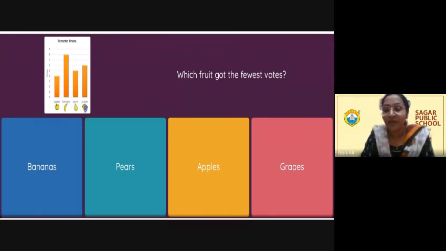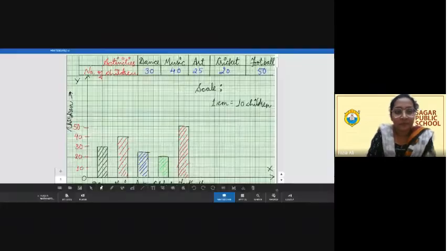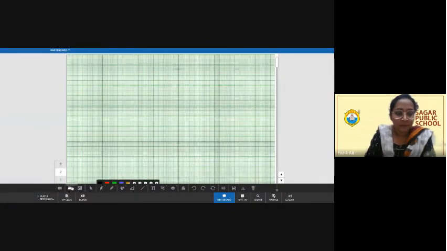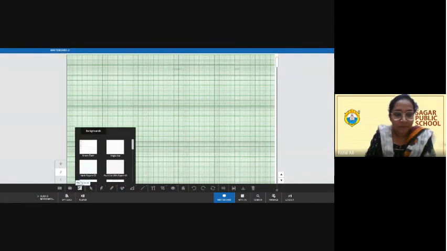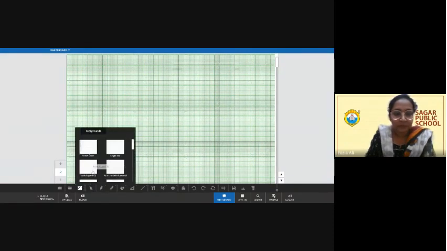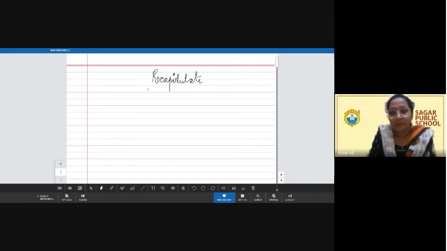Let's recapitulate what we have studied in today's class. I'm going to just recapitulate what we have done in today's class. We have discussed bar graph.